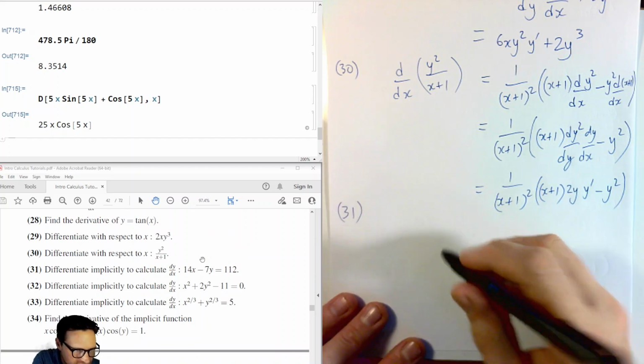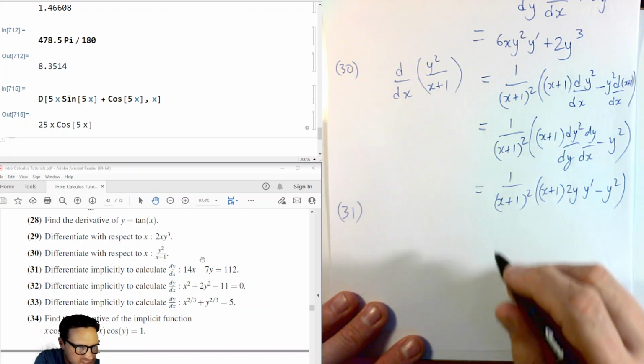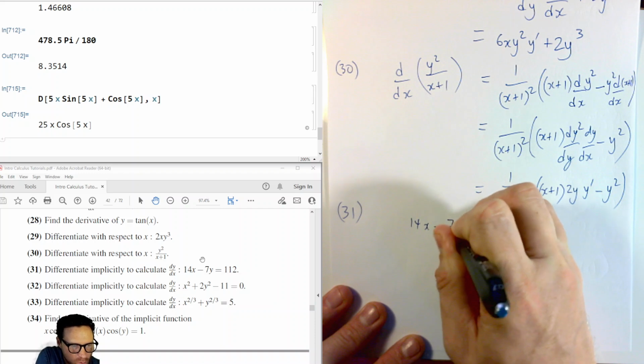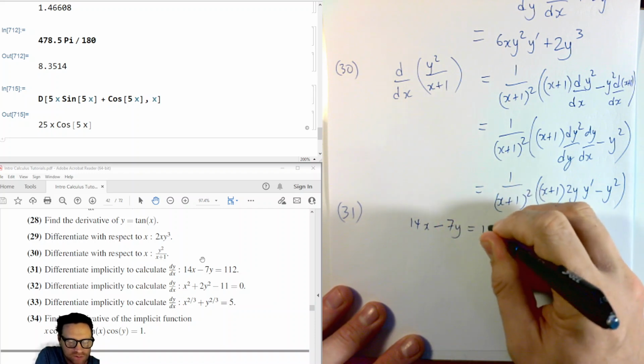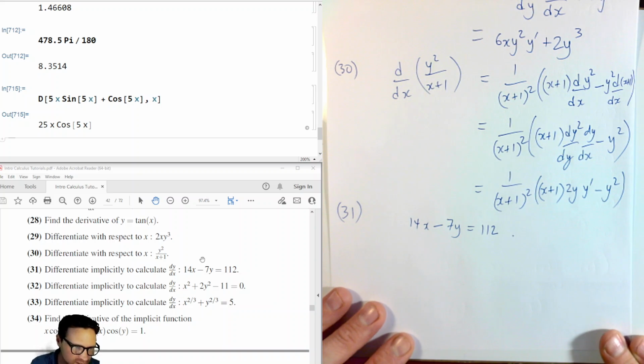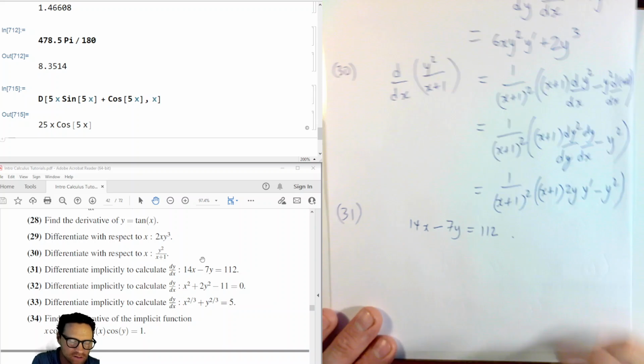Says differentiate implicitly to calculate dy on dx. Okay, so we have 14x minus 7y is equal to 112. And so what this means here is to apply d on dx to both sides of the equation.